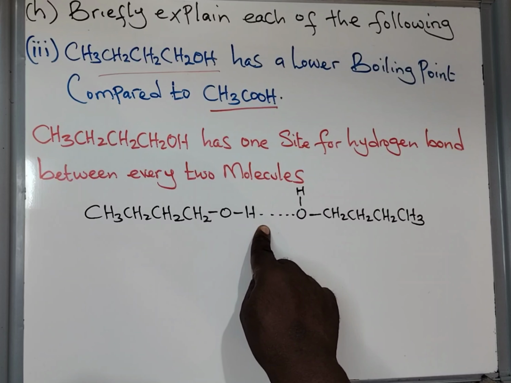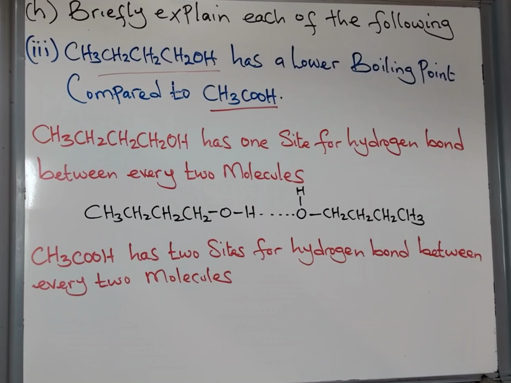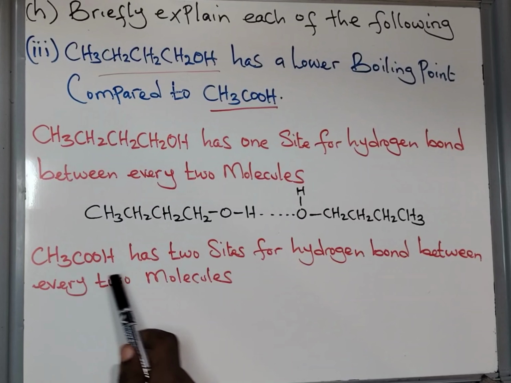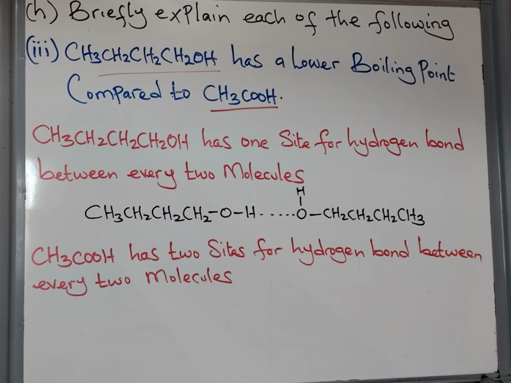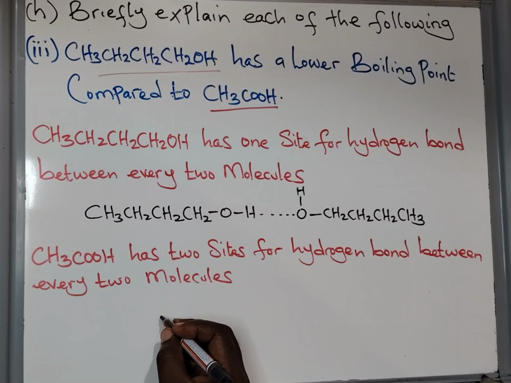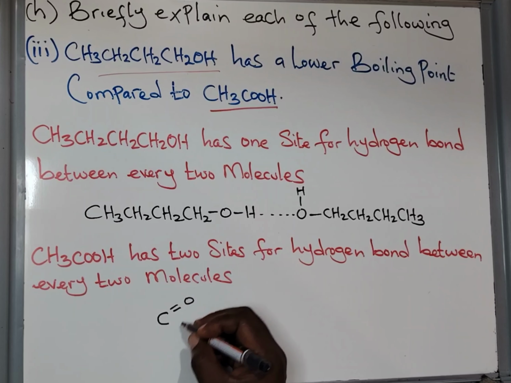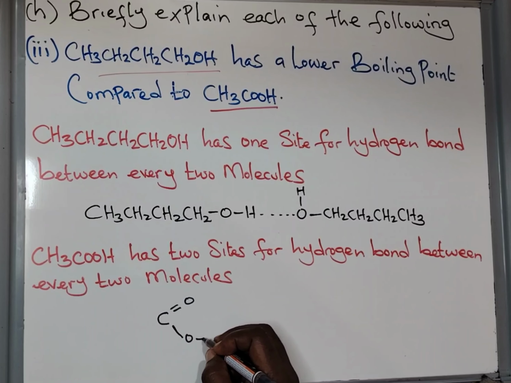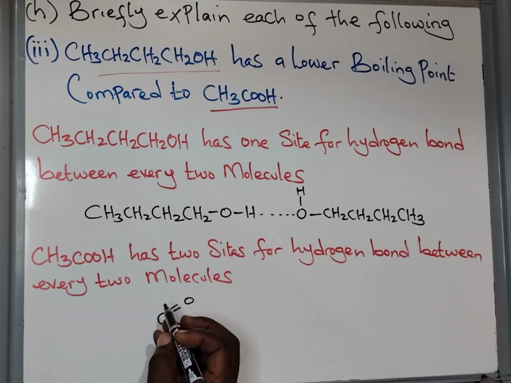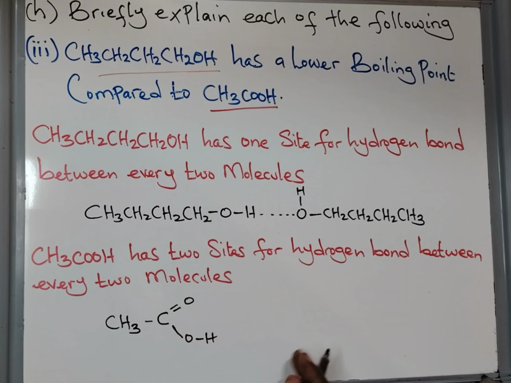This is not the case for carboxylic acids, as we are going to see. So we say that ethanoic acid has two sites for hydrogen bonding between every two molecules. What we mean is that if you have this, this is the carboxyl group, then you have our alkyl group here.